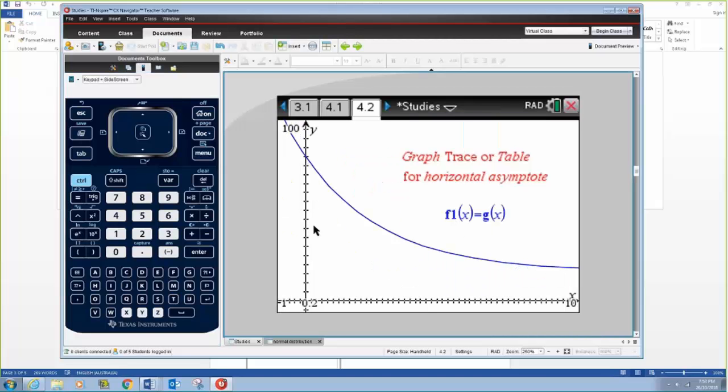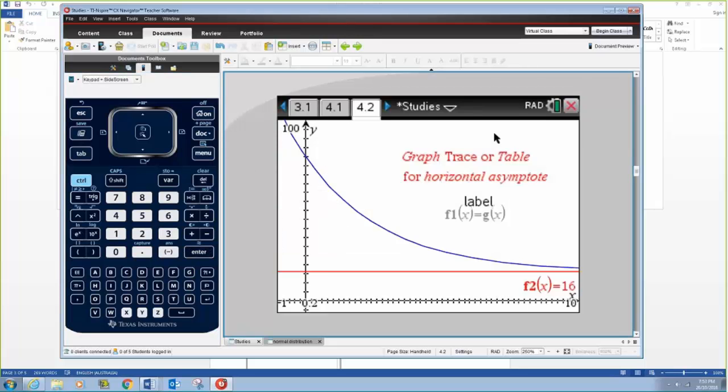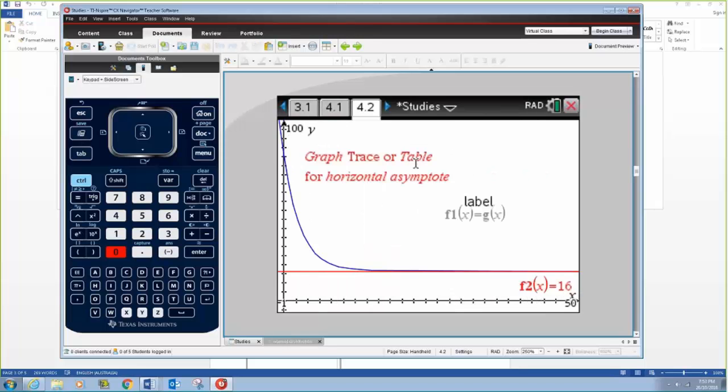They could check by entering 16, and of course extending the window, if they are still unsure. If I go to 50, clearly it is the horizontal asymptote. Again, they need to write the equation y equals 16 to get full marks. They would get 1 mark for 16, 1 for y equals 16.